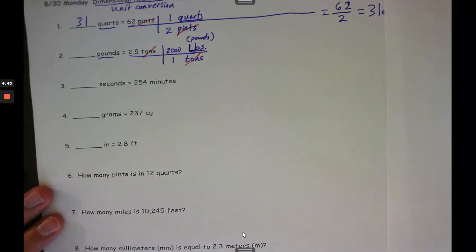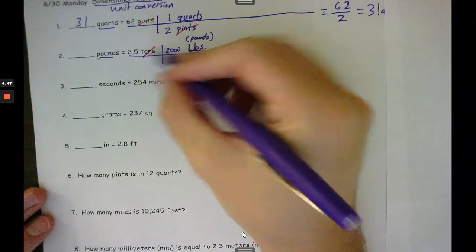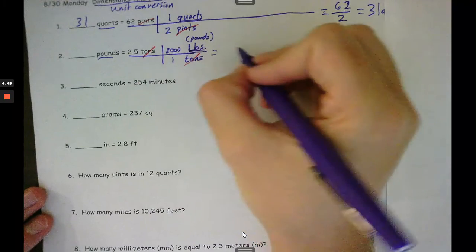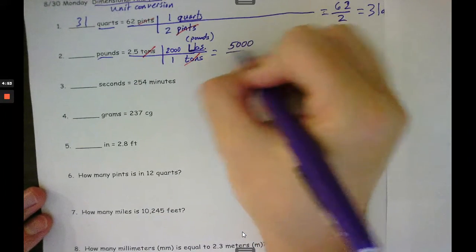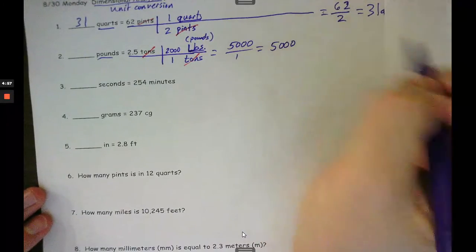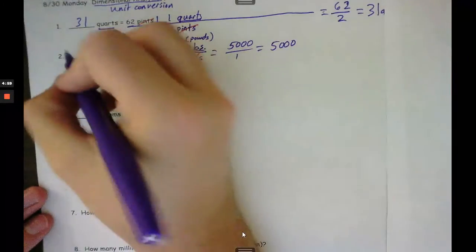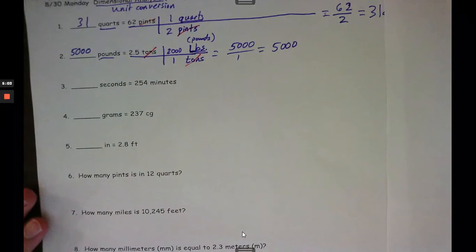So I'm done. All I have to do now is multiply across the top. So we need to do 2.5 times 2,000, which is 5,000 over 1, which of course is just 5,000. Okay, so in 2.5 tons, there are 5,000 pounds.